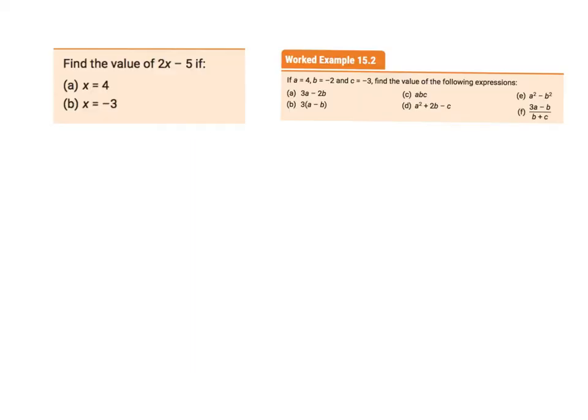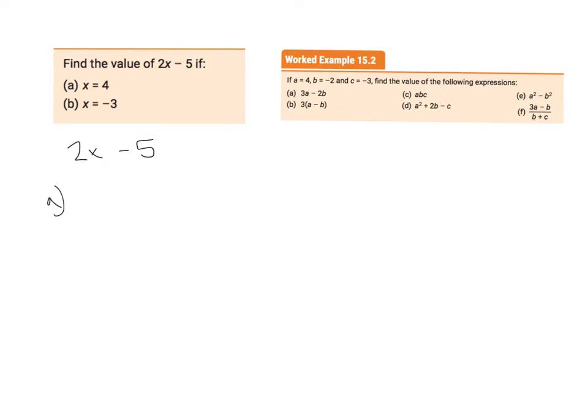Okay, so if we want to substitute in algebra and find the exact value of 2x minus 5, we're going to find out what the value is if, for the first instance here, x is 4. So when we are substituting in a value for x, we always put the value in brackets. So first one there, we've 2x minus 5.